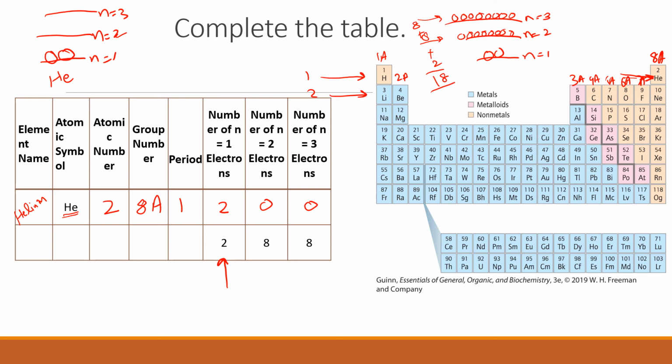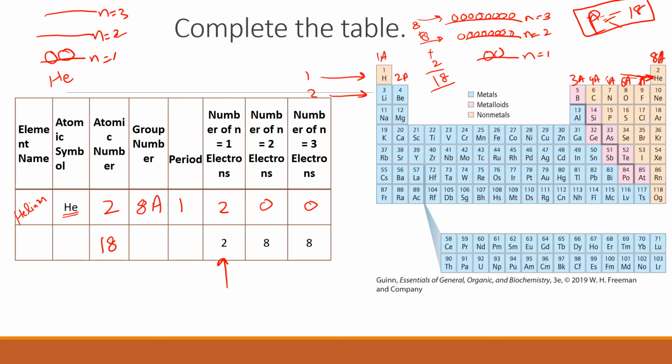Because it's a neutral atom, the number of electrons is equal to the number of protons. So if it has 18 electrons, the number of protons is also 18. And we also learned that atomic number is the same as the number of protons, so the atomic number of this element is also 18.